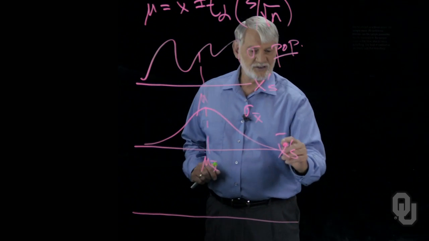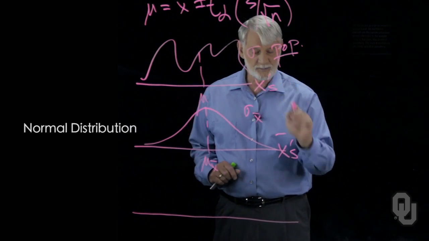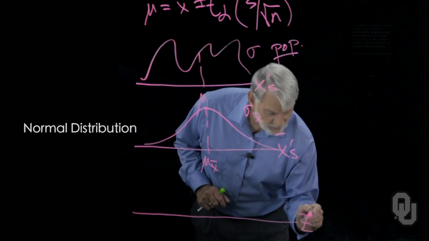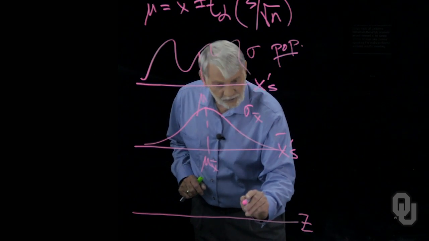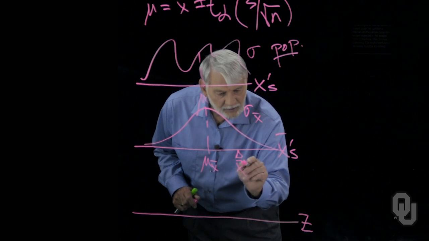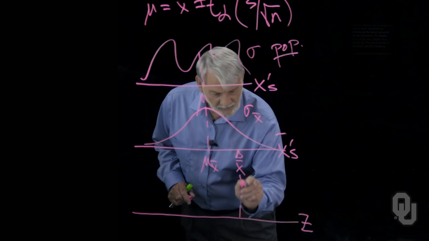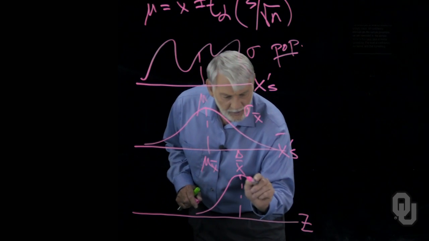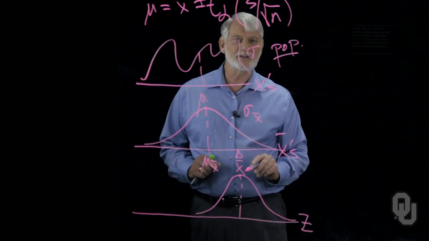Because we know that this is a normal distribution, central limit theorem told me so, I can draw this down here. And what I do is I take this x bar, this particular x bar, and down here I put a normal distribution on top of it.